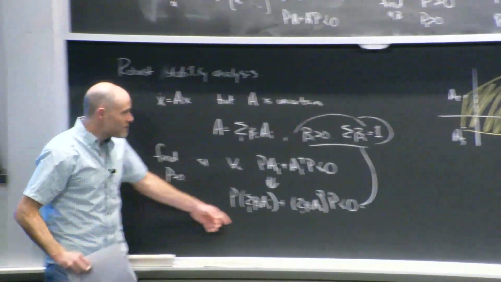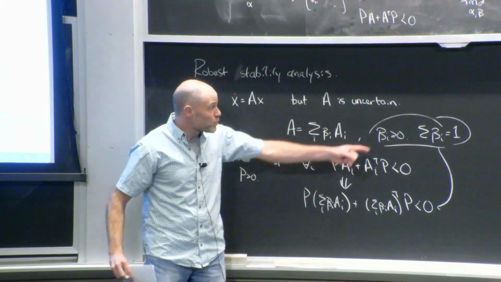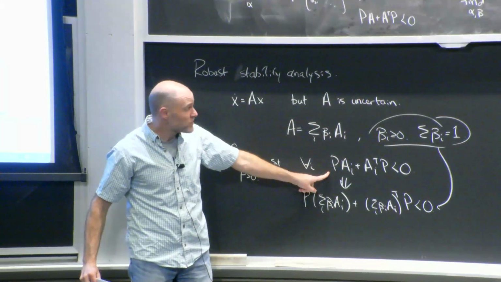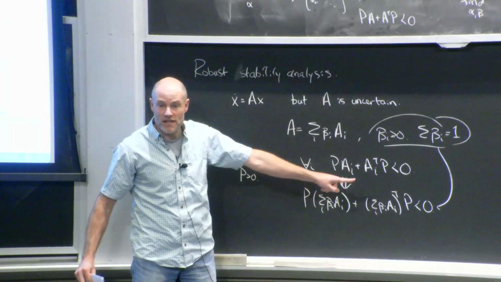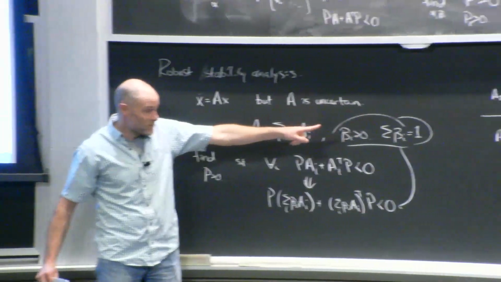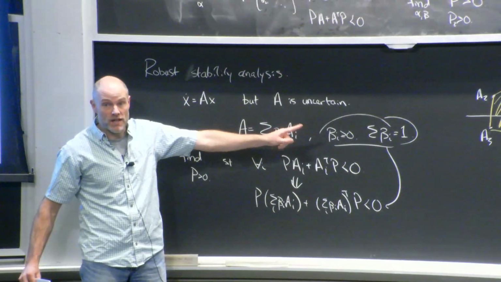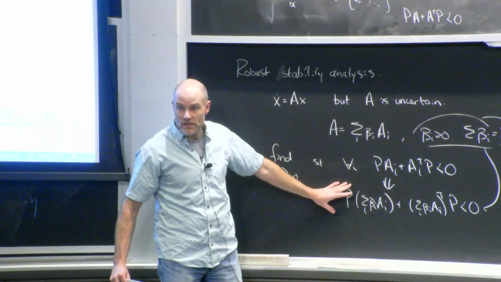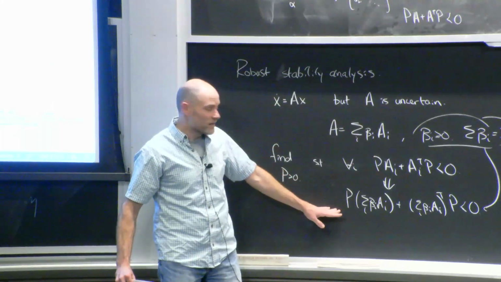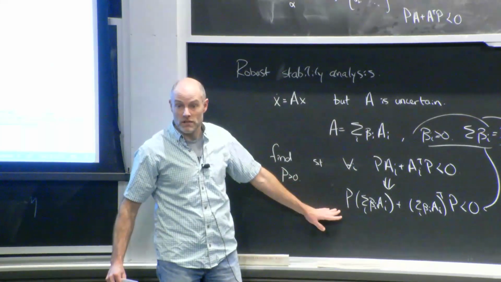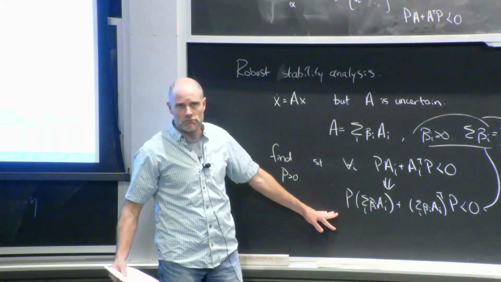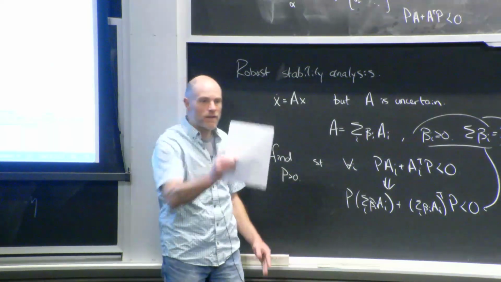So if you're able to find something that proves that all the vertices are stable with the same Lyapunov function, then every A matrix inside the interior of that is also stable. It's a simple, small SDP, and it can prove robust stability. And you couldn't have done it easily with eigenvalues. Yes?